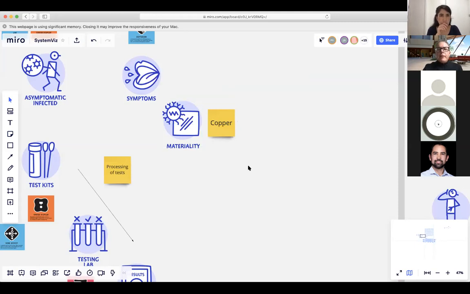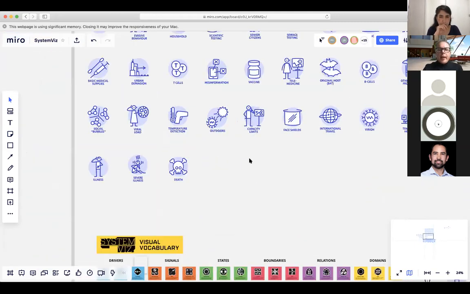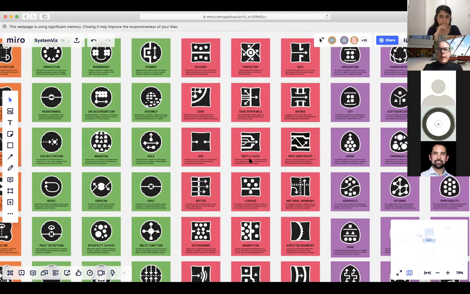And that's because the virus itself has a boundary, because it's a container with a boundary.